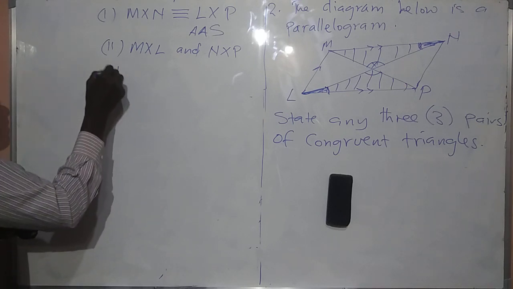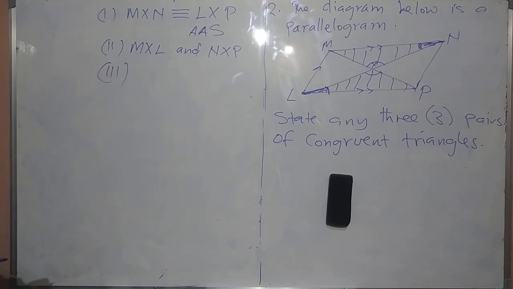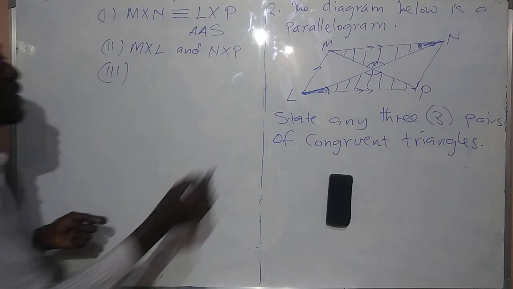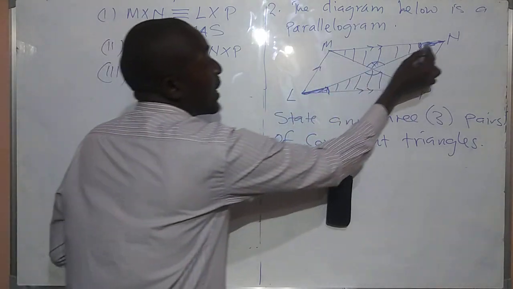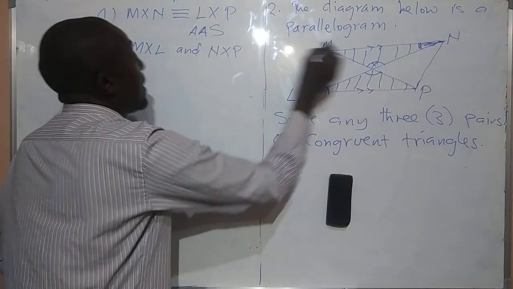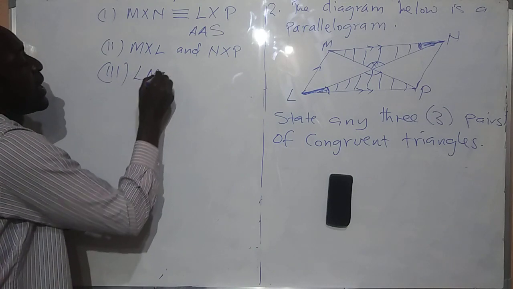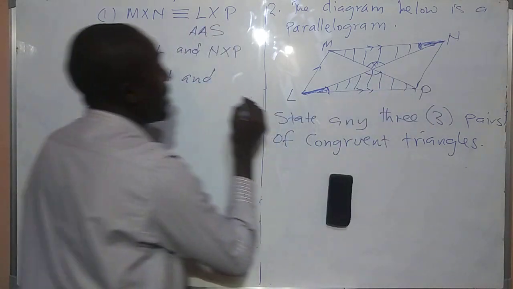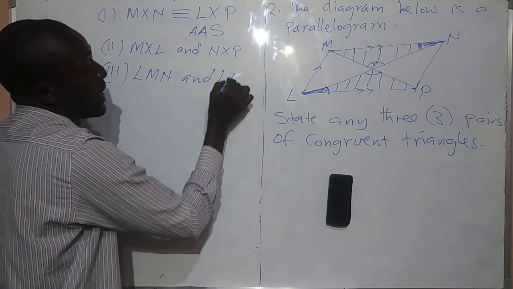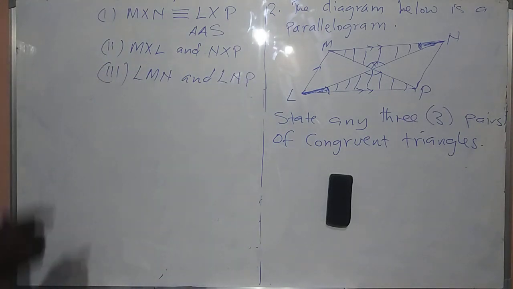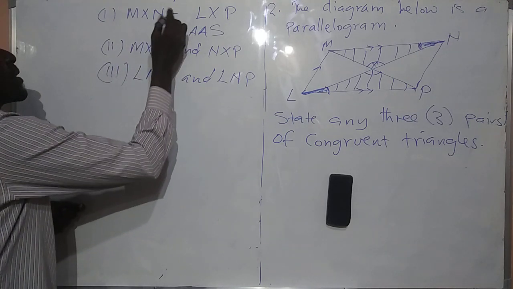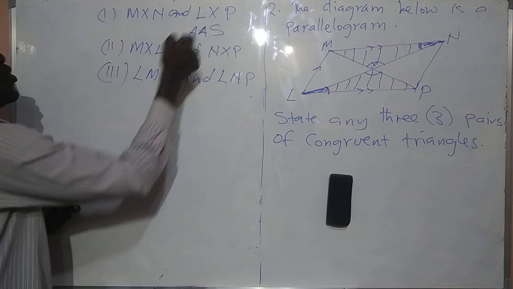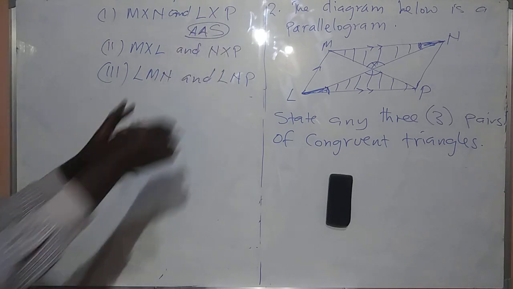Number 3, the last one, is the big triangle LMN, this one, and this other big one here, LNP. There are so many of them. The reasons are just the same for all of them.